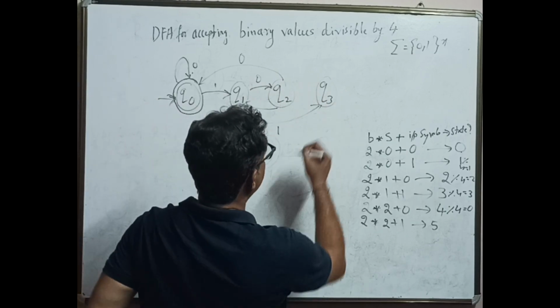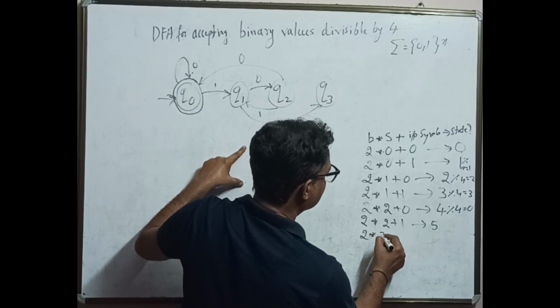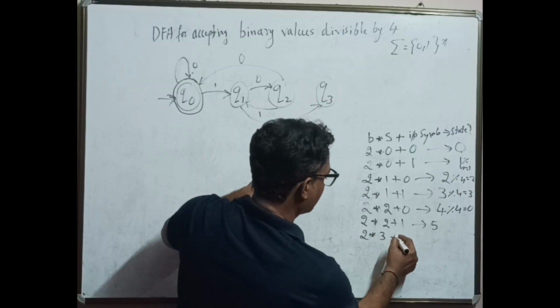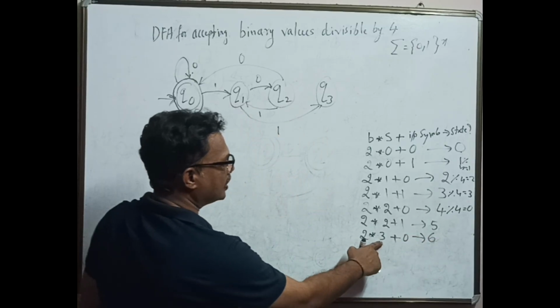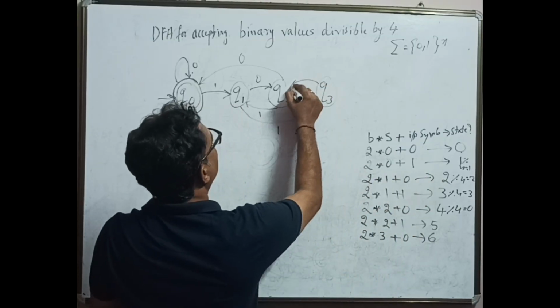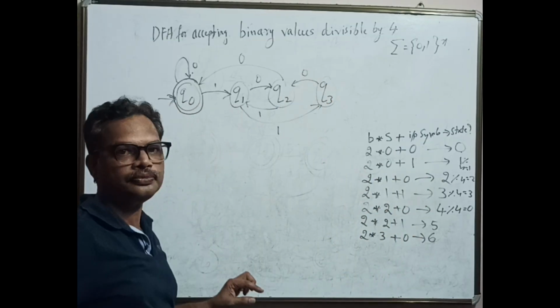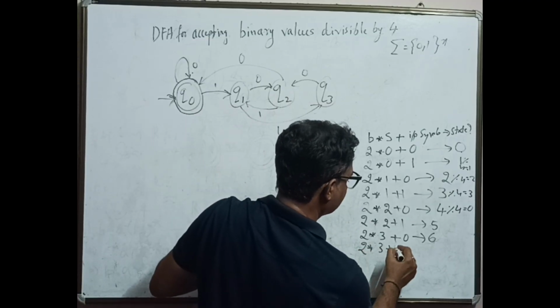Now we are in Q3. Here if it reads 0, it goes to 2 into 3, 6, 6 plus 0 is 6, and 6 mod 4 is 2. And what if it reads 1?